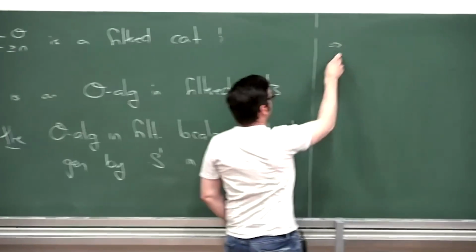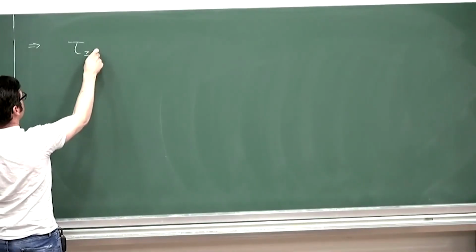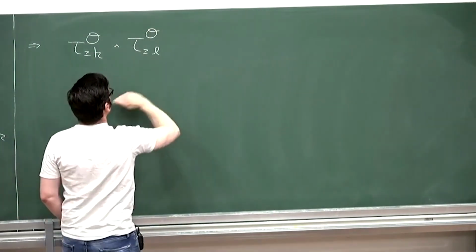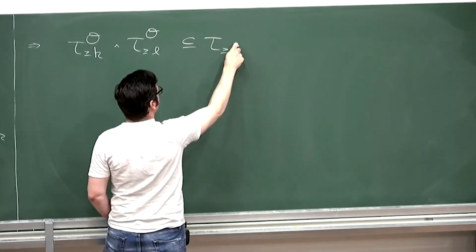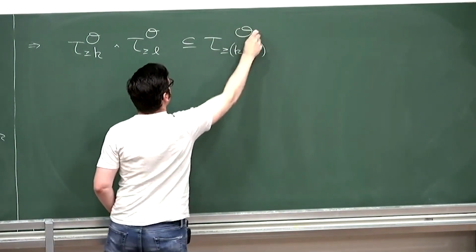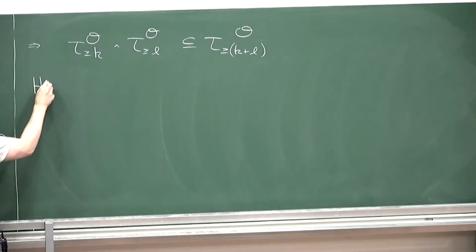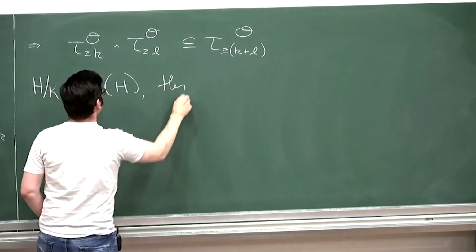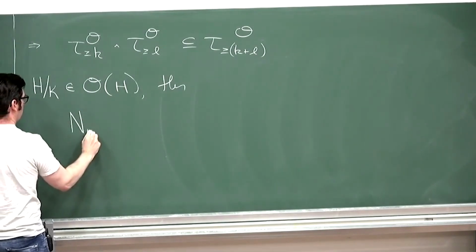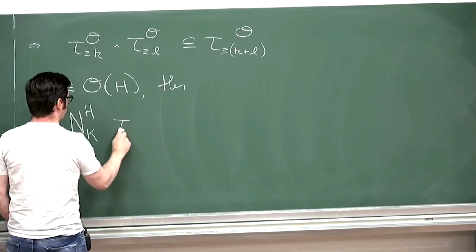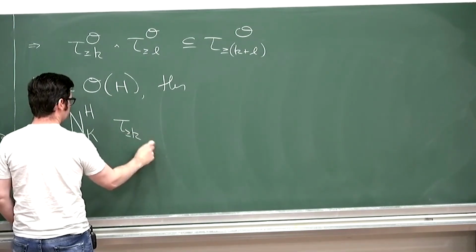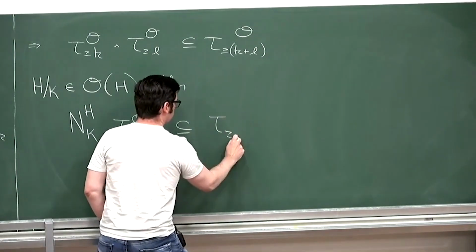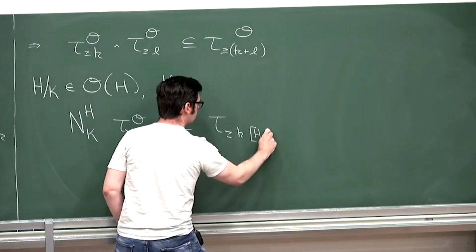So I can spell it out as, if I do tau big and equal to K, and I smash it with tau big and equal to L, this sits inside tau big and equal to K plus L. And in fact, if H mod K is in O of H, then the norm from K to H of the version of this for K sits inside tau being equal to K times the index of H and K.